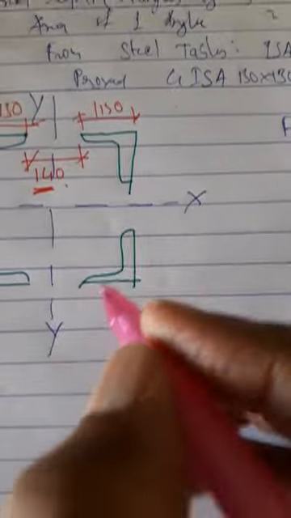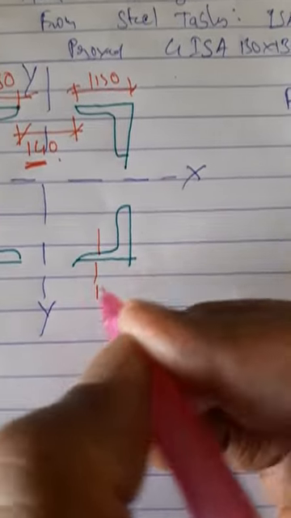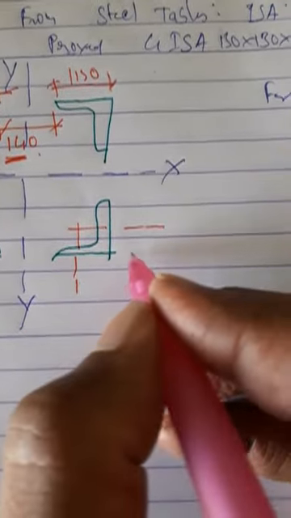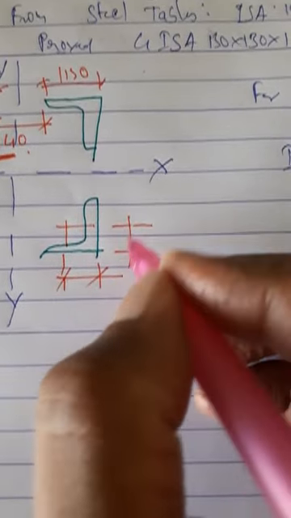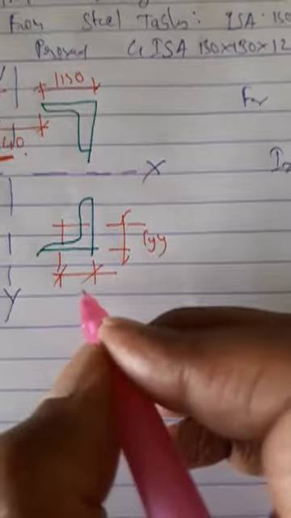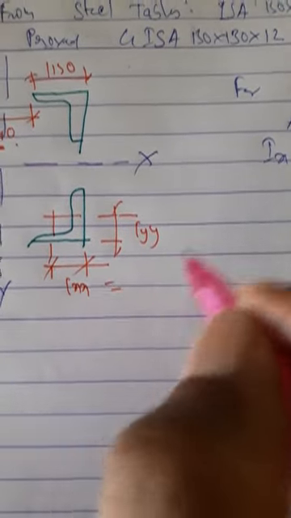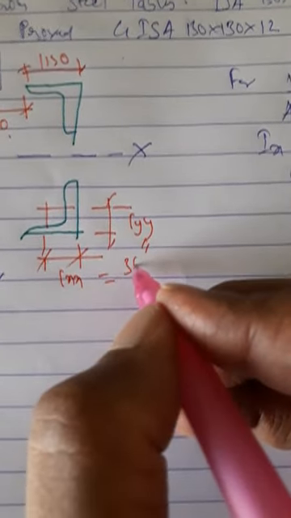Now these things are finalized. Now I have to find Ixx and Iyy for the whole section together. Let me mark those values here. This is Cyy, Cxx. Both are same, 36.6 mm.